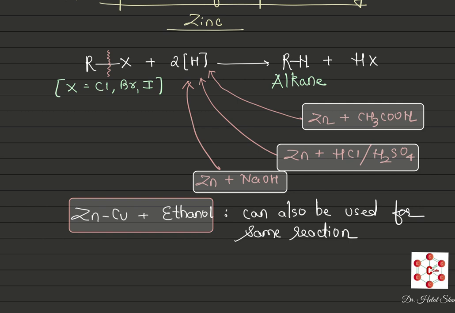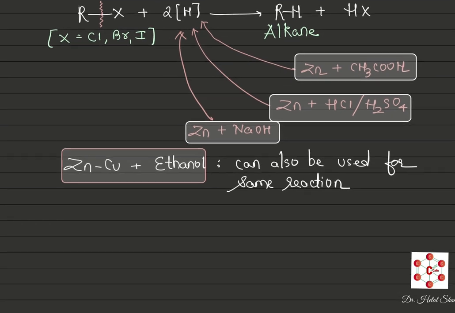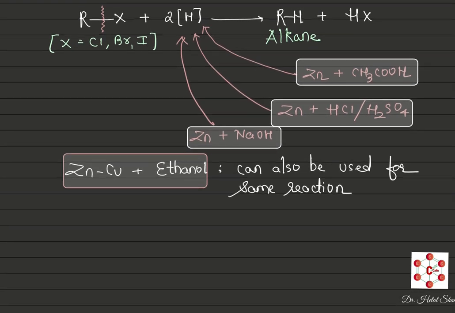Right? Okay. Now pay attention. I can give you some specific examples before we do anything else. Again, look at this. And one more thing, reactivity order. Reactivity of RX.